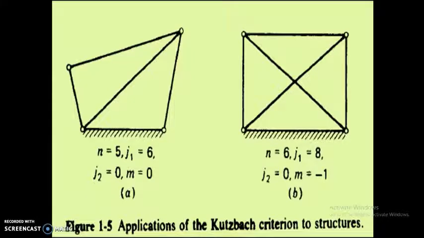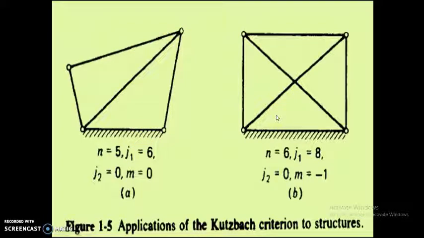Some of the applications of the Kutzbach criterion on structures are shown above. Considering the mechanism A, the number of links is 5 and the number of joints obtained is 6. The mobility of the mechanism obtained will be 0, so it is a structure.